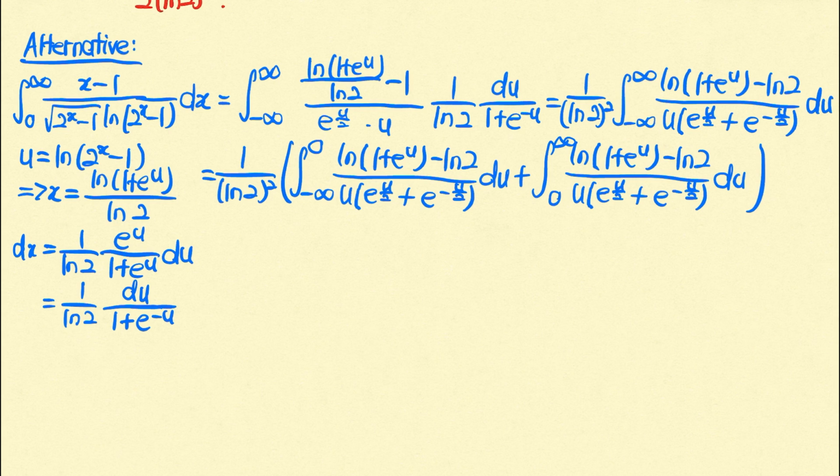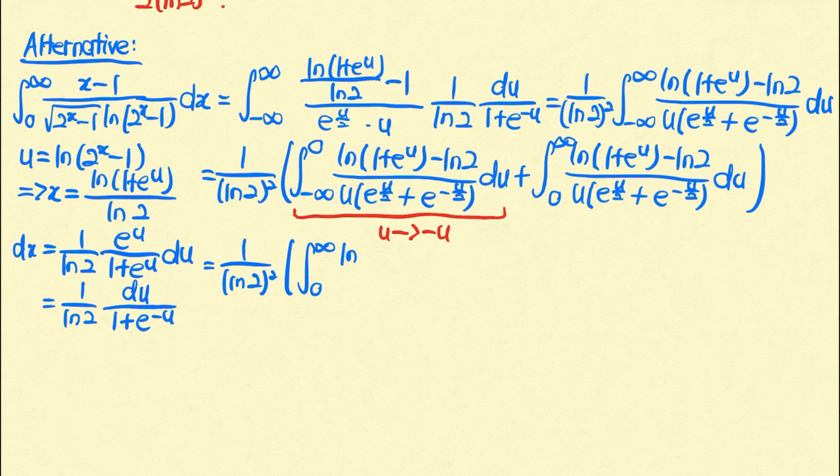And now we can look at this integral over here, and let's perform a substitution which will let u be negative u. Okay, and then by doing this, this will transform it into the integral from 0 to infinity.